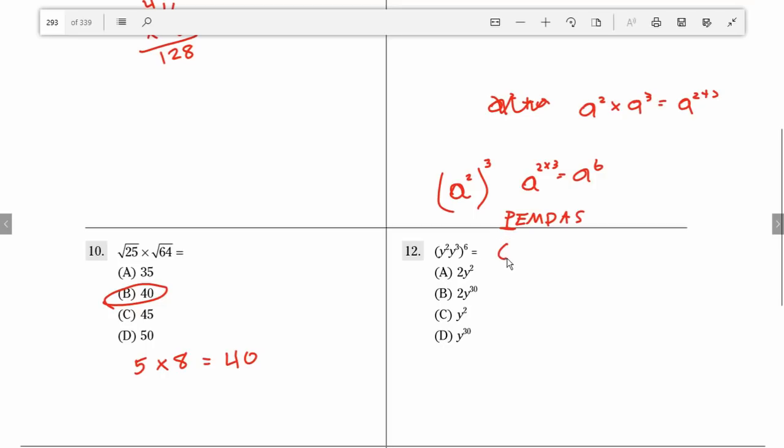So again, this becomes y to the 2 plus 3 to the 6th. In other words, y to the 5th to the 6th. In other words, y to the 5 times 6, y to the 30. Okay?